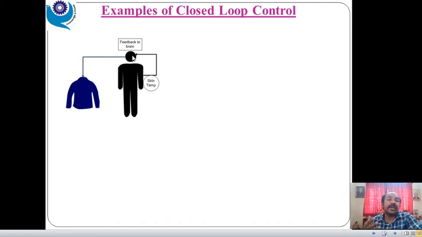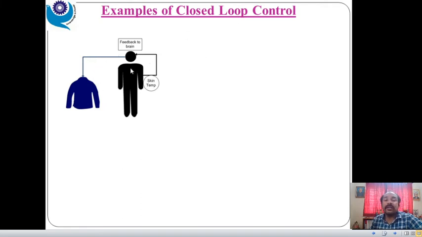Now the brain decides that now I want a sweater, not to turn on the fan. Because he's feeling cold, he demands a sweater to wear. So feedback is given to the brain, and now it gives a signal to wear a sweater. So this is what you can call a closed loop control system.